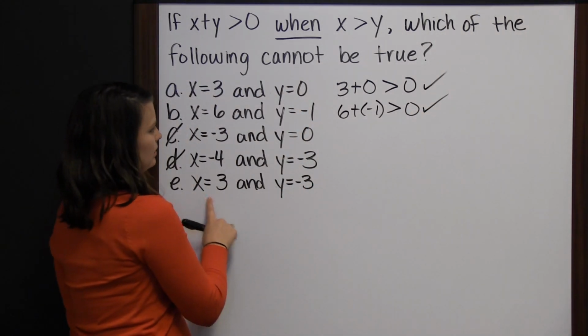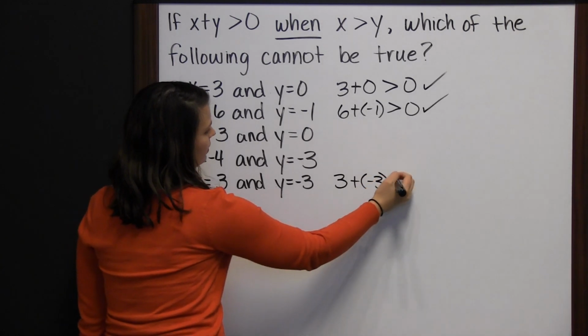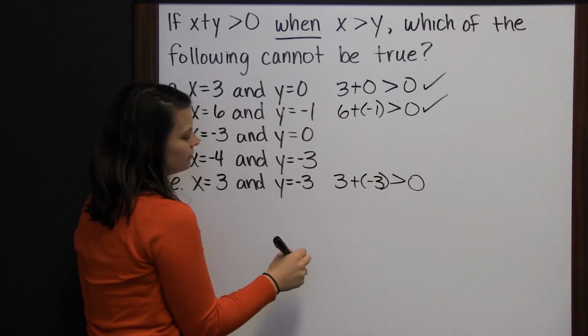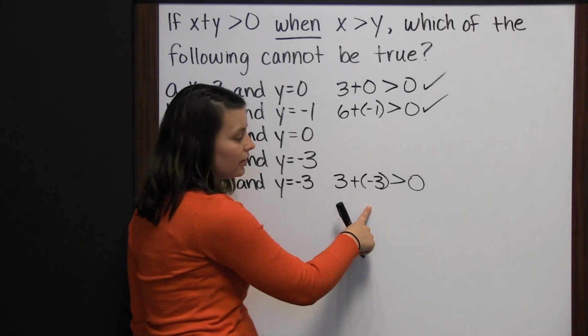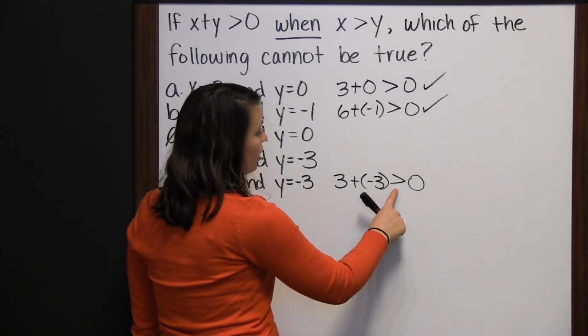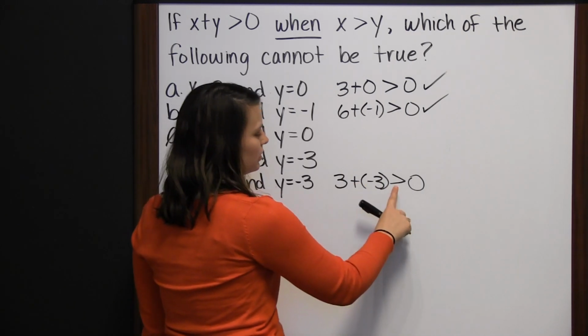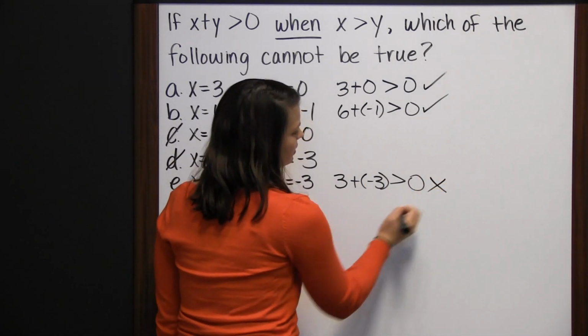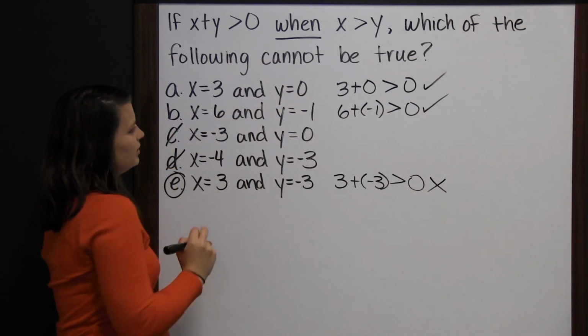And finally, E, 3 plus -3 is greater than 0. 3 plus -3 is 0, but 0 is not greater than 0. 0 is simply equal to 0, so this one is not true. So we found our answer, E.